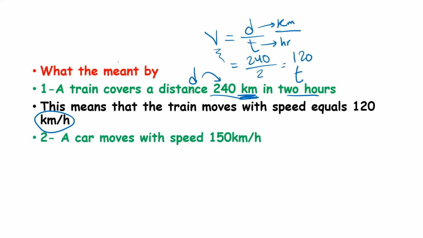What is meant by a car moves with a speed 150 kilometers per hour? Merna, try this one. He gave you here the speed, so you can make it like distance and time. Yes, Merna, are you here? Yes, teacher, I am here. A car moves with speed 150 kilometers per hour.